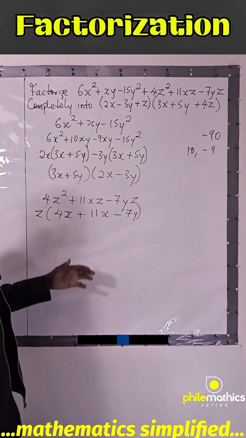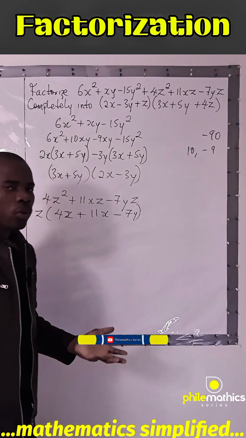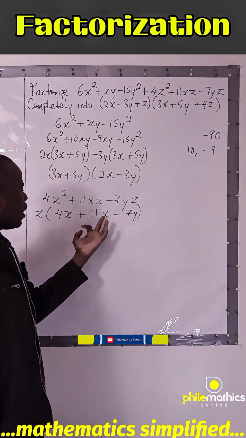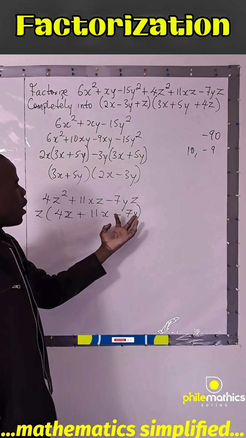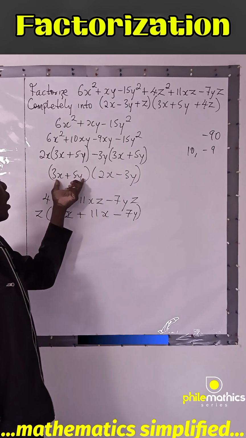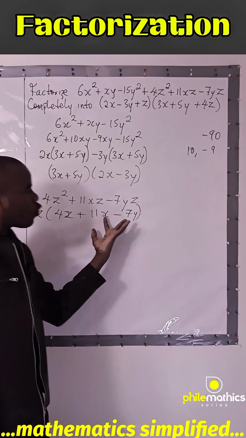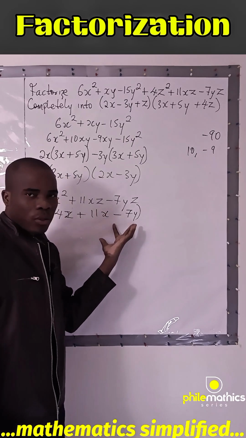Now, I have 3x plus 5y here. What I want to do is to split this 11x and 7y to have one of these factors. I want to go with this 3x plus 5y. How do I get 3x plus 5y from this 11x minus 7y?